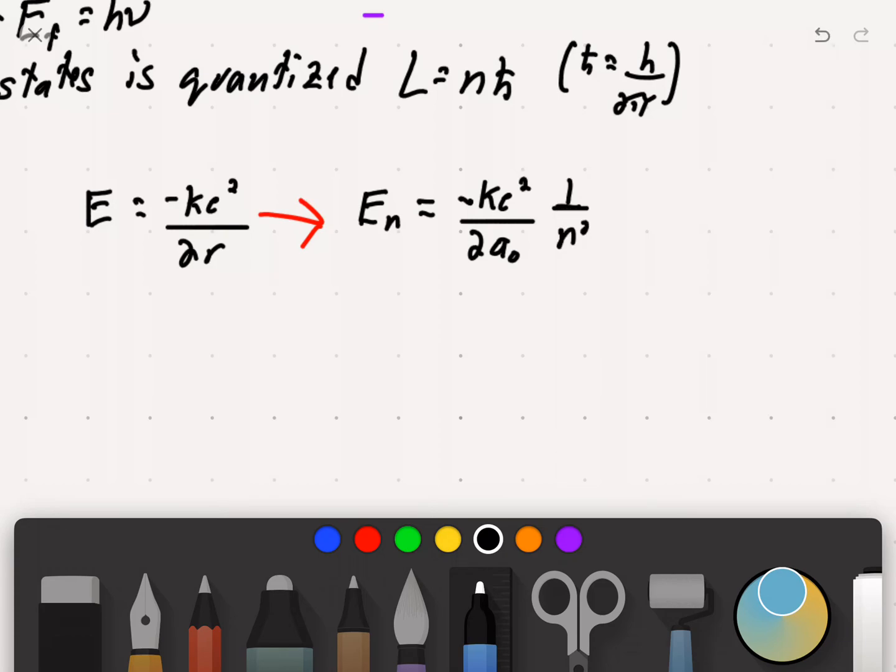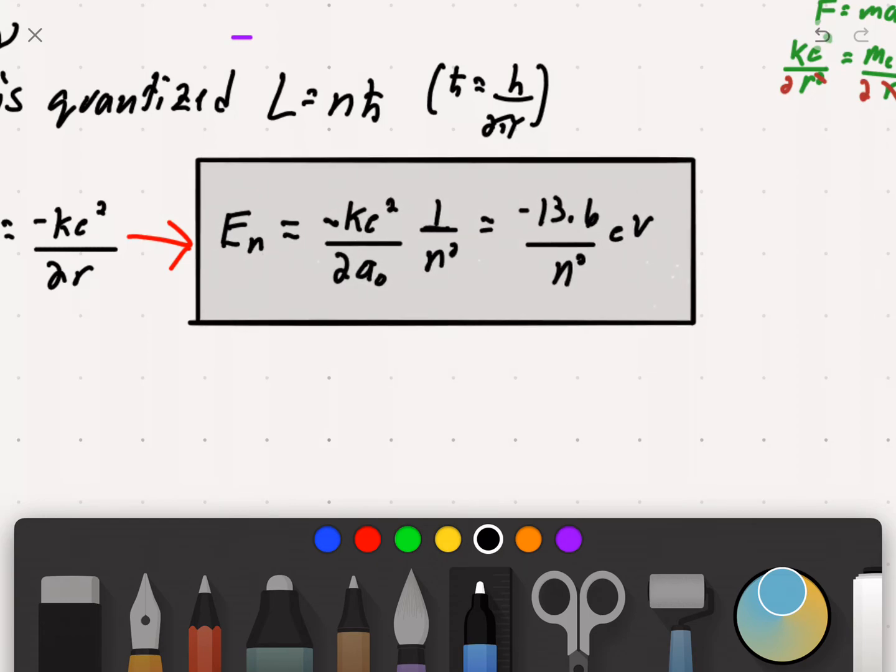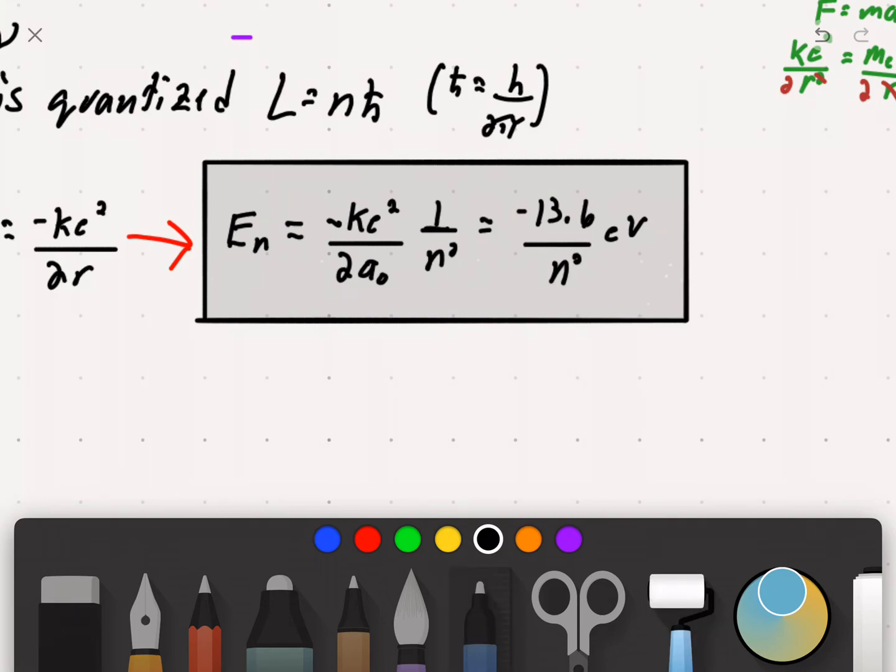And this is going to once again be equal to a constant over n squared, minus 13.6 over n squared electron volts. And this is related to the Rydberg constant. And we'll see how it is so in a minute, which is another really cool thing that we see.